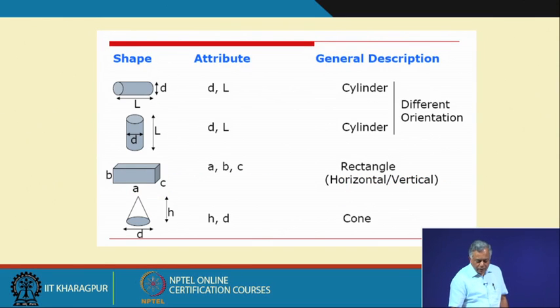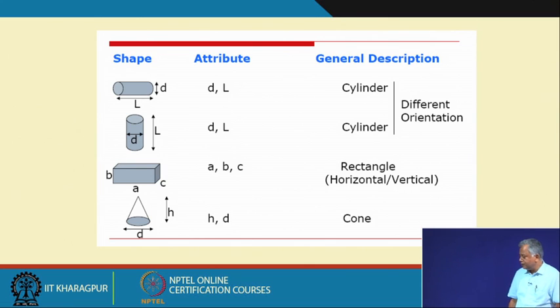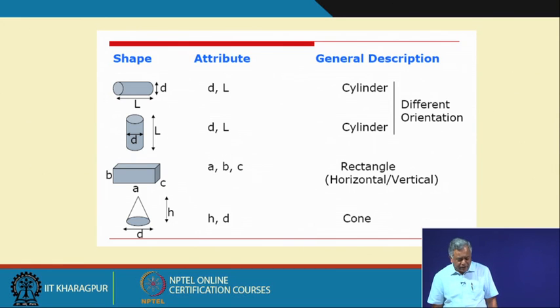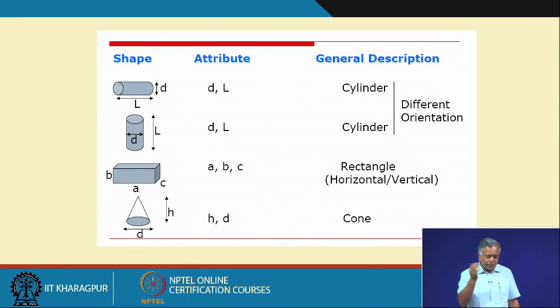Even for a cylindrical particle, I need two attributes, D and L, as shown in this figure. Think of this cylindrical particle, just assume this pen is a cylindrical particle.